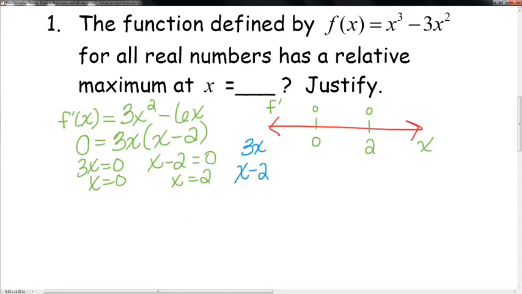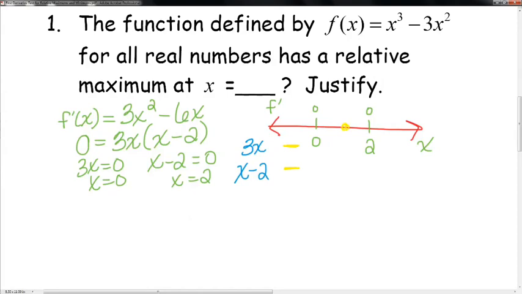And so we're going to pick values to the left of 0. Let's say negative 1. Well, 3 times negative 1 is a negative number. It's negative 3. So this is going to be a negative. And so now we're going to plug in negative 1 into x minus 2. So negative 1 minus 2 is still a negative number.